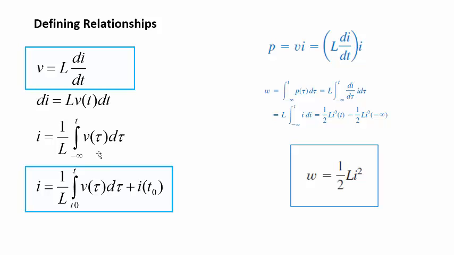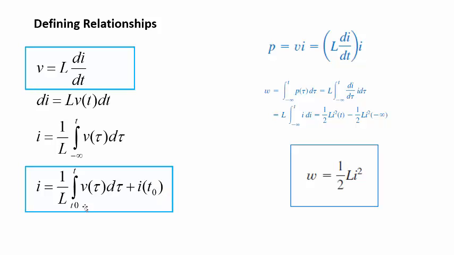It is going from minus infinity to some time t. We often don't know what happened at time minus infinity. So instead we start at time t equals 0, or time t0, and then we'll include the initial value of the current at time t0.